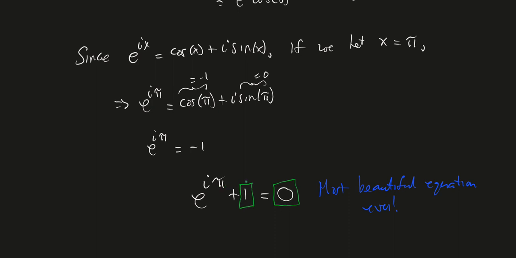So 1 is the basis for all counting. E is the base of exponentials and logarithms that make calculus so much easier, right? Differentiating e to the x and the natural log of x. And e is also prevalent in the mathematics of finance when you talk about compounding interest continuously.